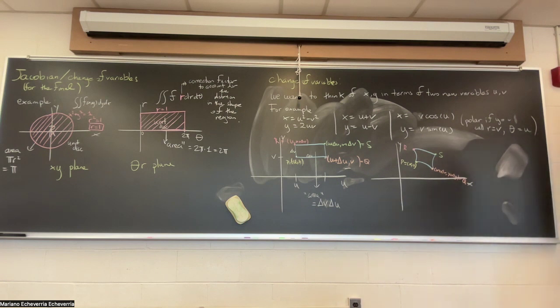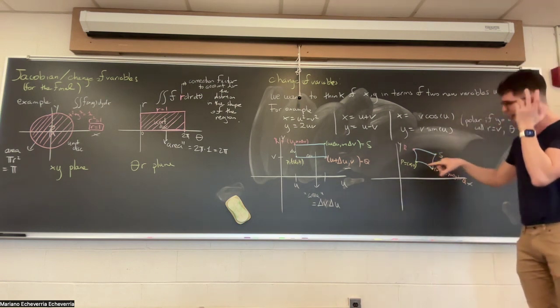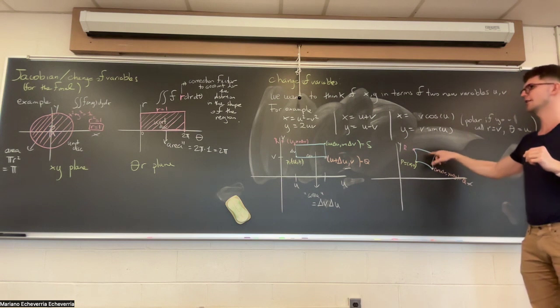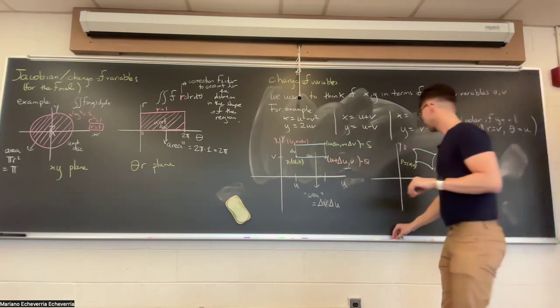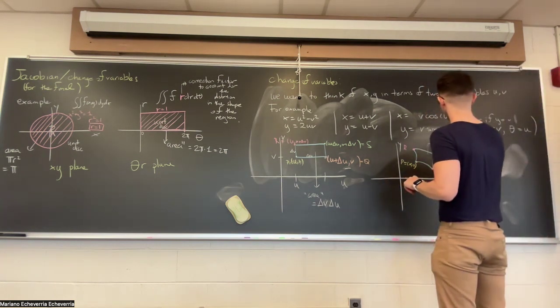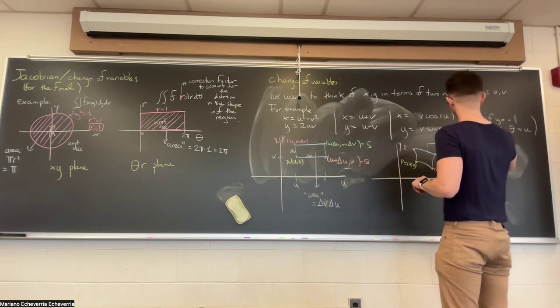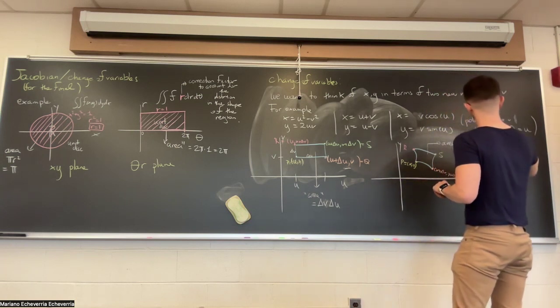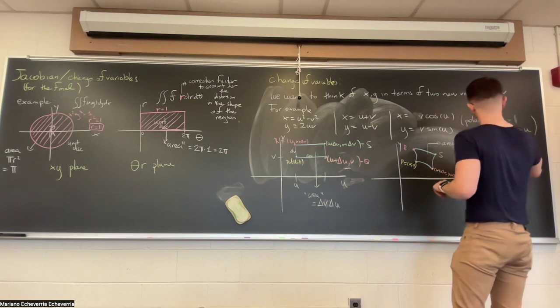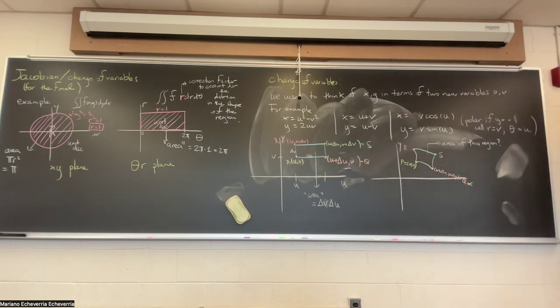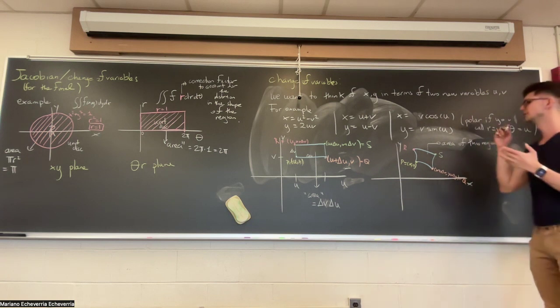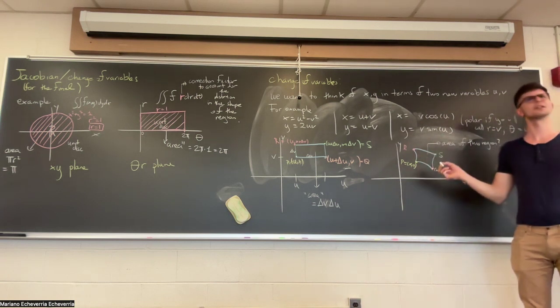What's happening here is that you want a formula for the area of this piece. So what is the area of this region? This is where the material from the first exam comes in, because this is definitely not a rectangle.